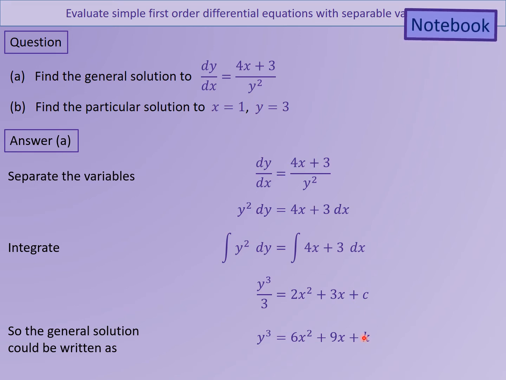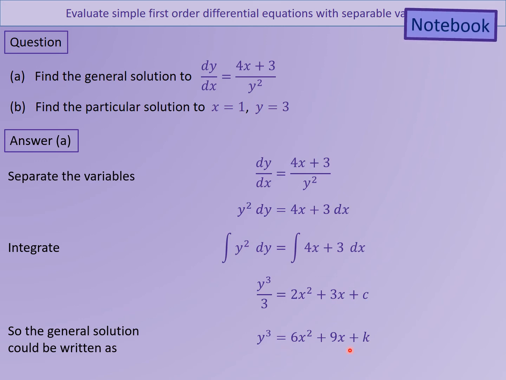C is timesed by 3 as well, so you'd have 3c. Now 3c is a constant. So what I'm doing is just manipulating my constants, it's just good practice. Instead of writing 3c, just use a different letter and say this is a new constant just here. Yes, k is 3 lots of c, but it doesn't matter. Now you've got this new constant, that's the one you're playing with.